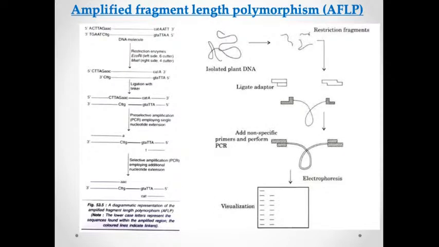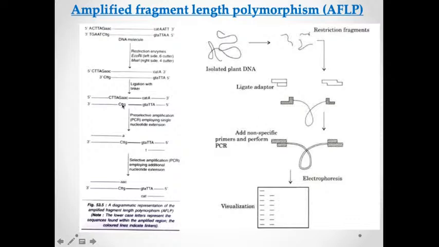So here we can see amplified fragment length polymorphism. On the left side, the diagram is showing two templates of DNA molecule from 5' to 3' end, and 3' to 5' end, and we restrict them with the EcoRI and MseI. And then what we are seeing here is the DNA molecule being restricted, showing this at the 3' end. After T, the AATT is being removed. Then we ligate with the linkers.